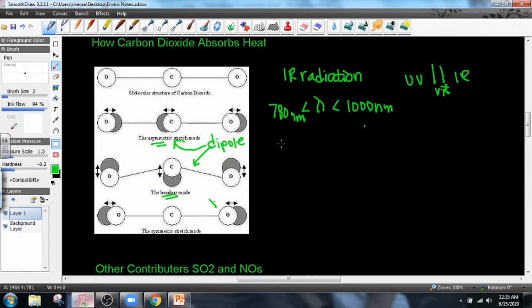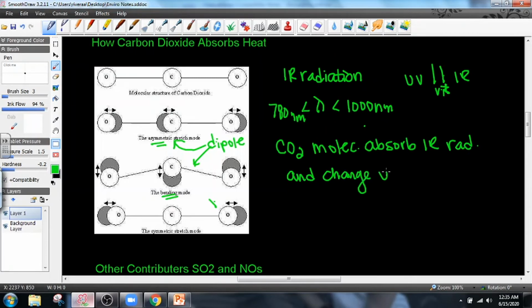So CO2 molecules absorb IR radiation and change their vibrations. They are now vibrating with a higher amount of energy, right?